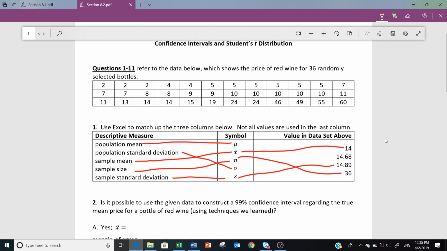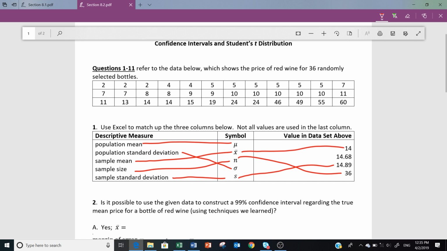Okay, any questions on what we just did? This is an important time. Yes. Okay, so the 14.89 was found by doing stdev.s. If you would have done stdev.p, you would have gotten 14.68, but you don't want to do stdev.p because this is not a population.